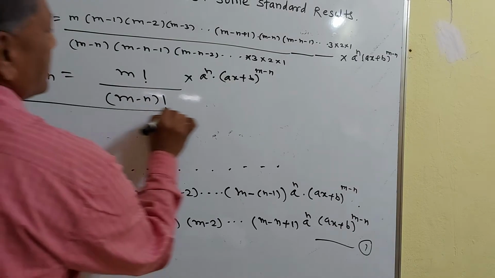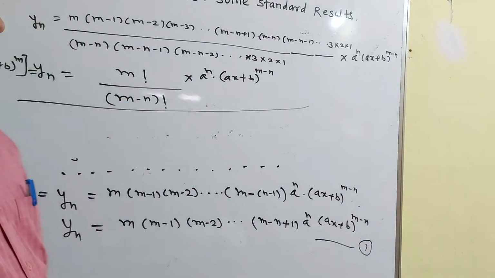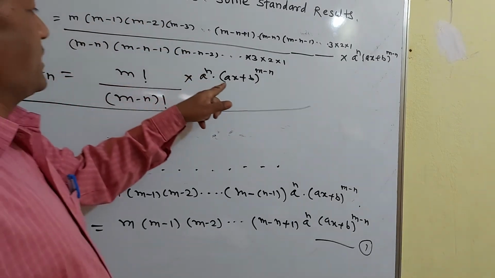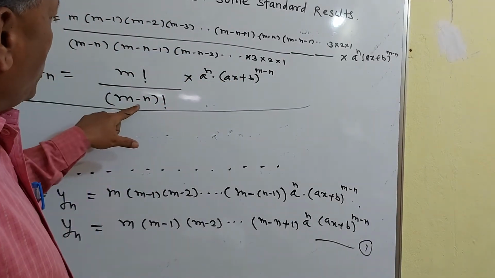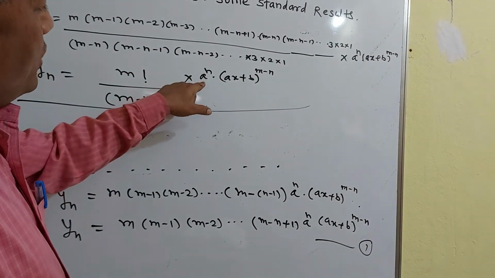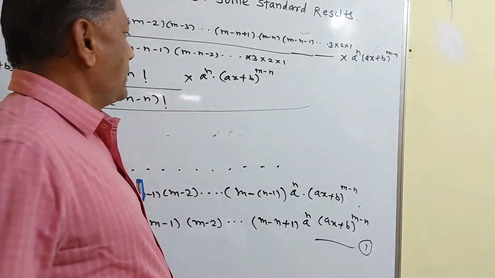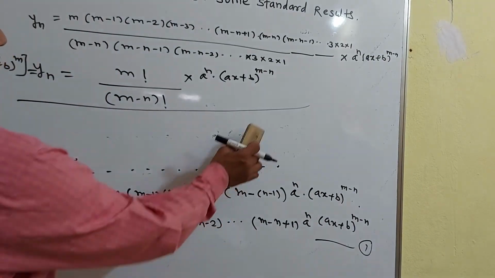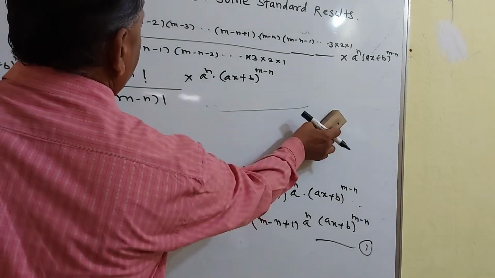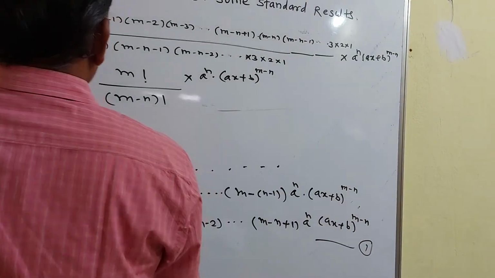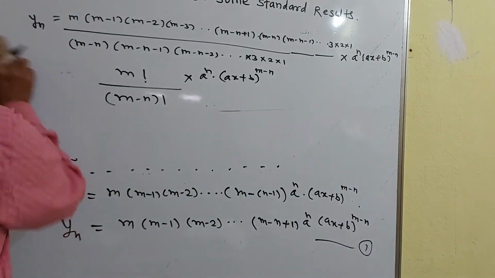So this is the standard formula for finding the nth derivative of (ax plus b) raised to m: factorial m upon m minus n factorial into a raised to n into ax plus b raised to m minus n. So this is the standard formula.